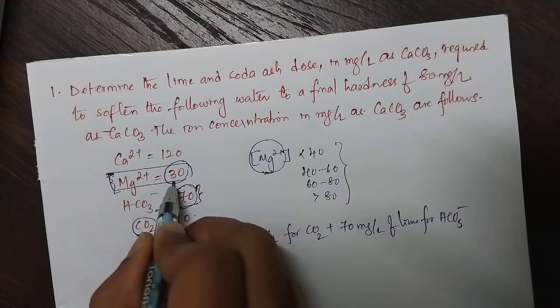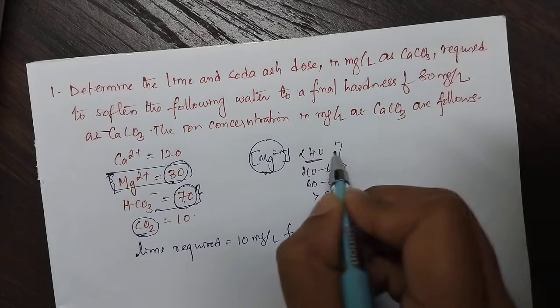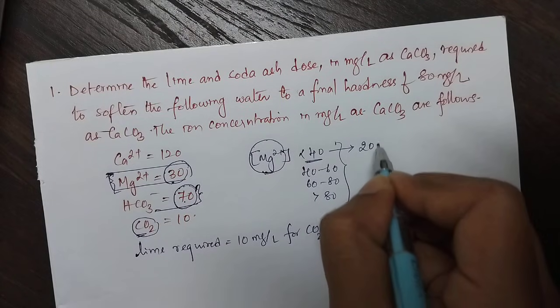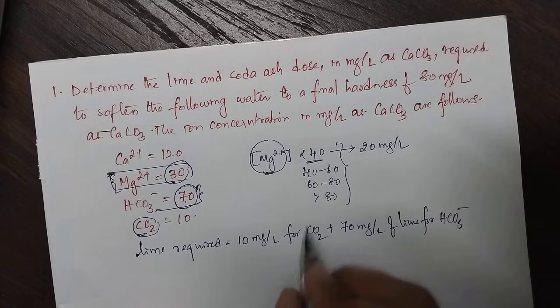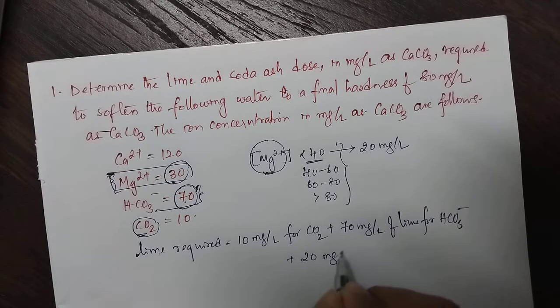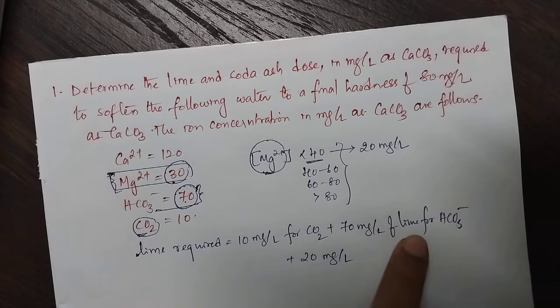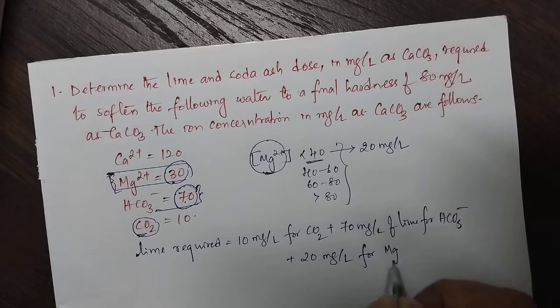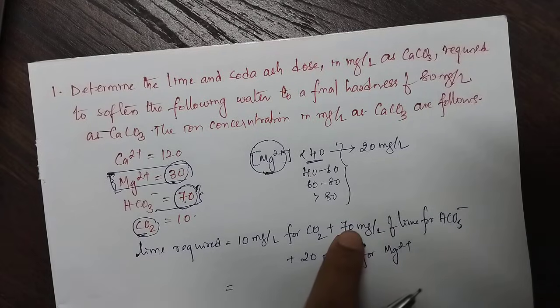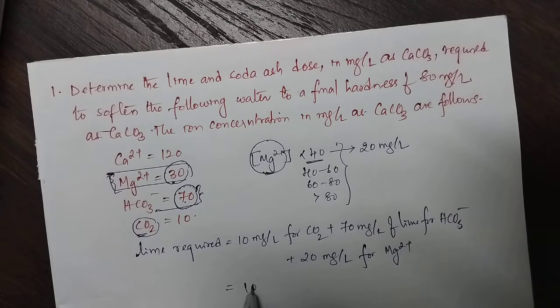Since the amount here is 30 milligram per liter, which is less than 40, it is 20 milligram per liter, as clearly mentioned in the chemical dosage slide. So this is for carbon dioxide, this is for carbonate hardness, and this is the excess for Mg2+, 20 milligram per liter. Total 70 plus 10, 80, plus 20, so 100 milligram per liter of lime is required.